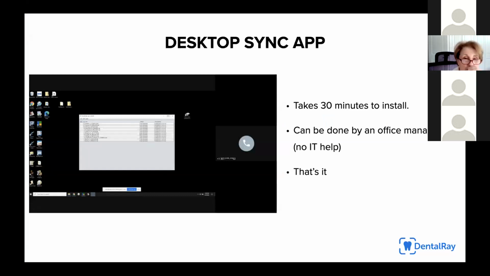When we work with a practice, we have what we call a sync app that we install on your radiology computer. What this does is it automatically pulls over your images, so you don't have to do anything. I know there are different services out there that have a manual process.